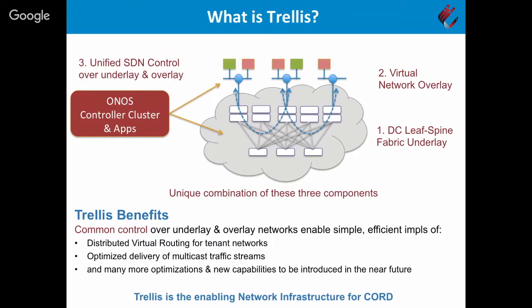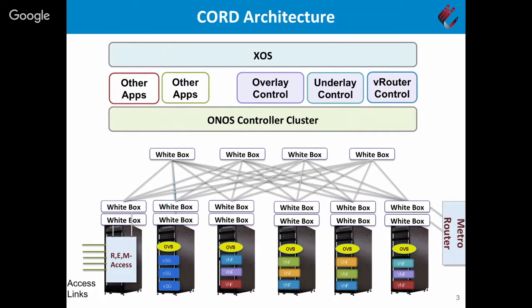So as I mentioned, Trellis is the enabling network of CORD. And as you can see, it has access equipment on one side, whether it's enterprise or mobile access, and on the other side, it connects to the wide area network.